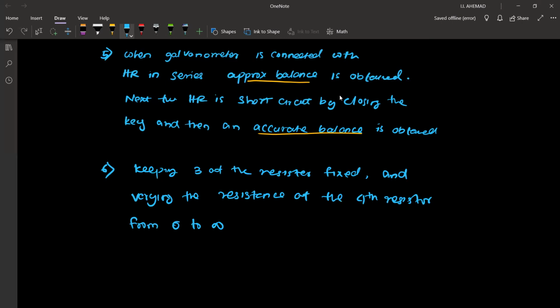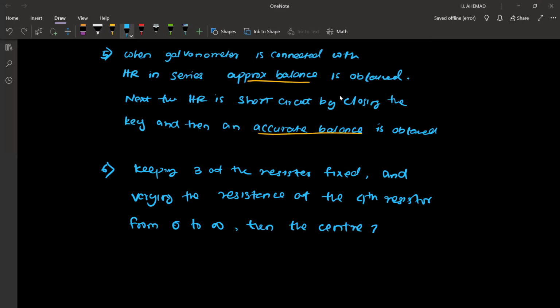So 0 to maximum, okay? Then the galvanometer, it is a center zero galvanometer, okay?